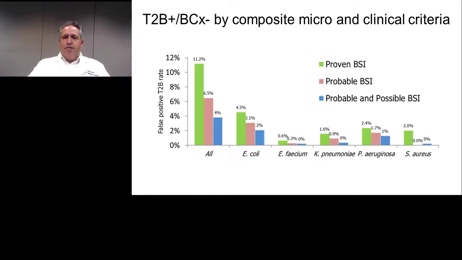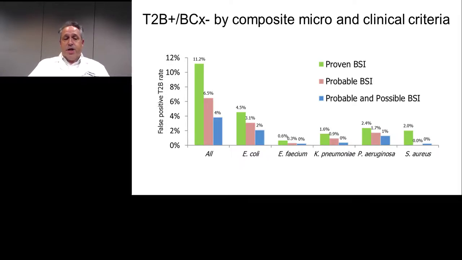However, if we looked at patients who had probable or possible bloodstream infections in this graph, what we can see is that false positivity is decreased in these groups. So on the far left there in the green bar, 11% false positivity rate if you use blood culture as gold standard, 89% specificity.